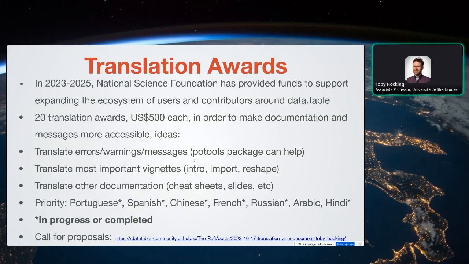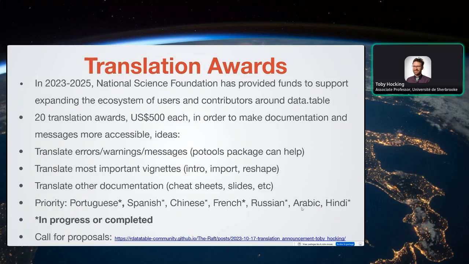In the context of this NSF project, we have awards for translation. For example, we already have translation projects for Portuguese, Spanish, Chinese, French, Russian, and Hindi. We're looking for a call for projects about Arabic.